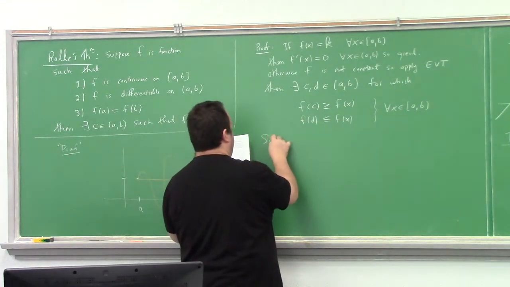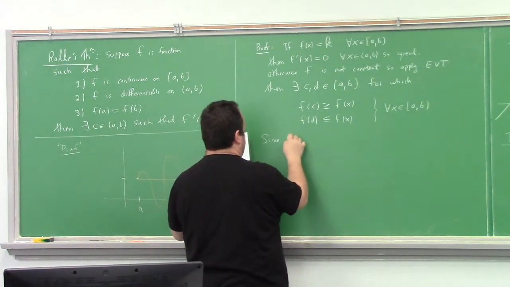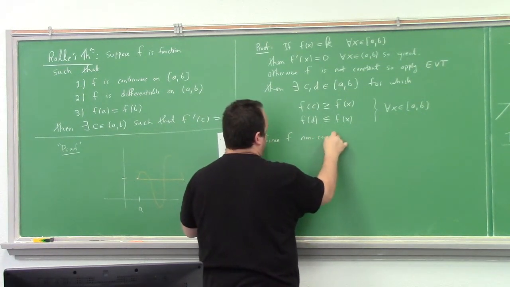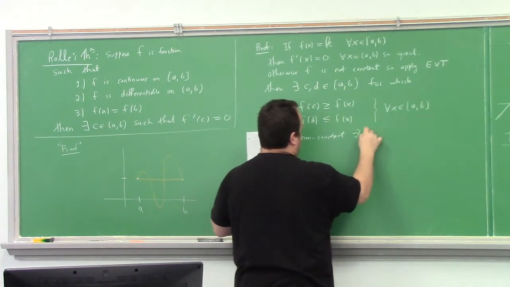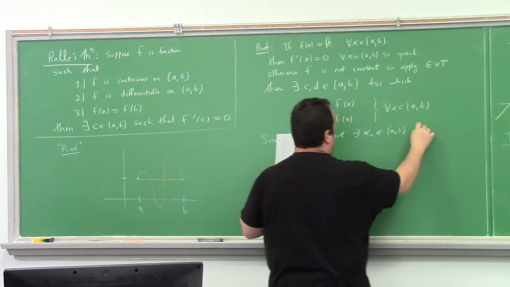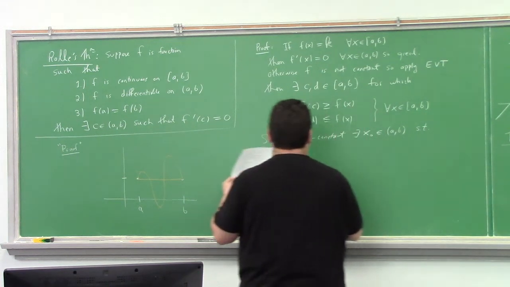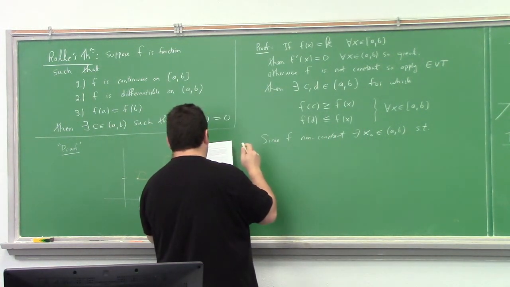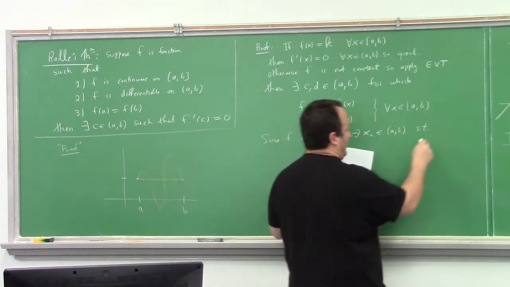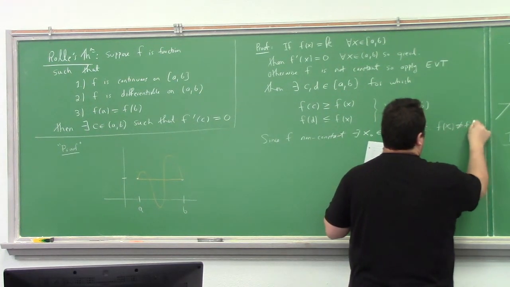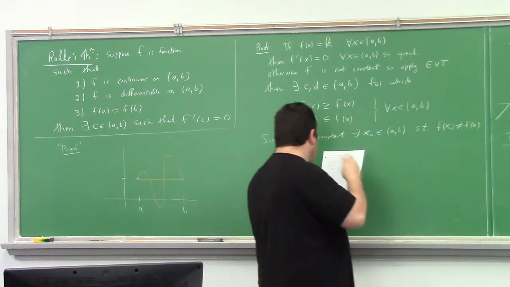Since f is not constant, there exists x naught in [A, B] such that f of x naught is not equal to f of A. All right?